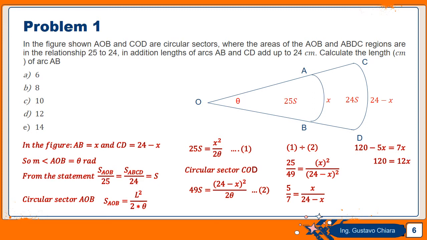Reducing all the expression, we get that 120 is equal to 12x. And finally, the value of x, that is the arc AB, is equal to 10. So finally, the answer of this problem is the letter C, the value of 10.